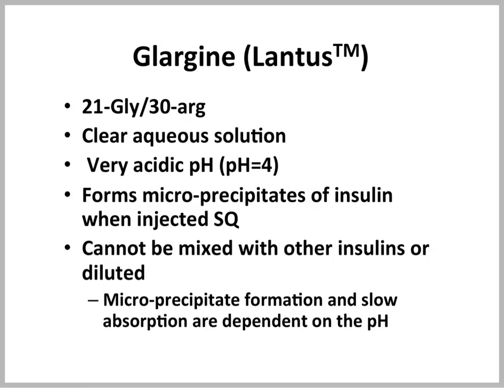Most of the recombinant human insulins or Vetsulin can be diluted if needed, and they could be mixed with other insulins if needed, but this is not the case with glargine, because this would disturb or destroy the microprecipitate formation, which is necessary for the normal action of this insulin preparation.